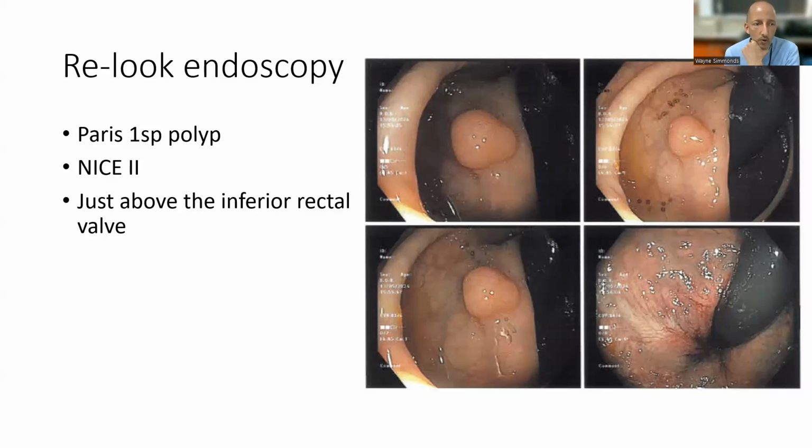With this surprise, and the patient's low hemoglobin, we decided not to do primary polypectomy for this lesion and to postpone the procedure. This was a Paris 1 SP polyp, graded NICE 2, so we were worried about the probability of it being adenomatous. And as I've said, it was just above the inferior rectal valve.